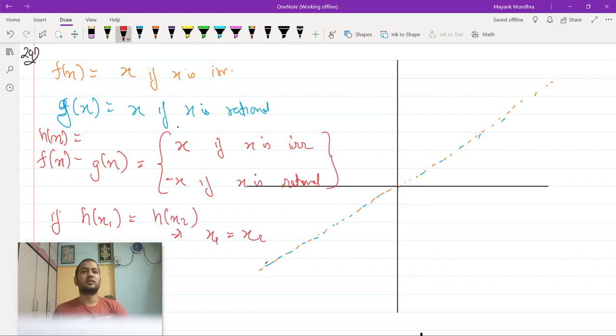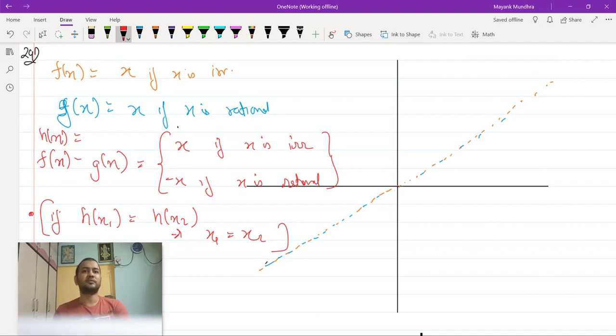So this is your property 1. Now is this thing true or not? If h(x1) equals h(x2), then if they are both rationals, you are basically saying x1 equals x2. If they are both irrational, then you are saying minus x1 equals minus x2. So irrespective, this thing is true.